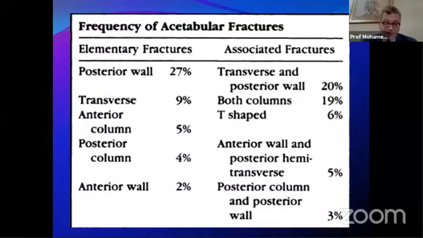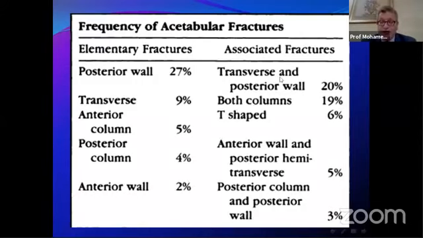Frequency of acetabular fractures. For the elementary fractures, the posterior wall is the most common. It represents 27%, the transverse about 9%, the anterior column 5%, the posterior column 4%, and the anterior wall 2%.